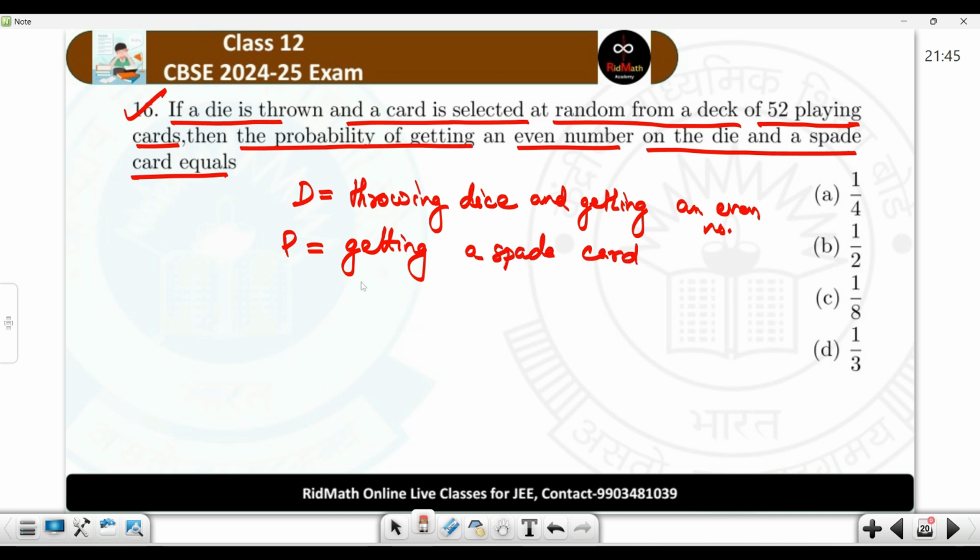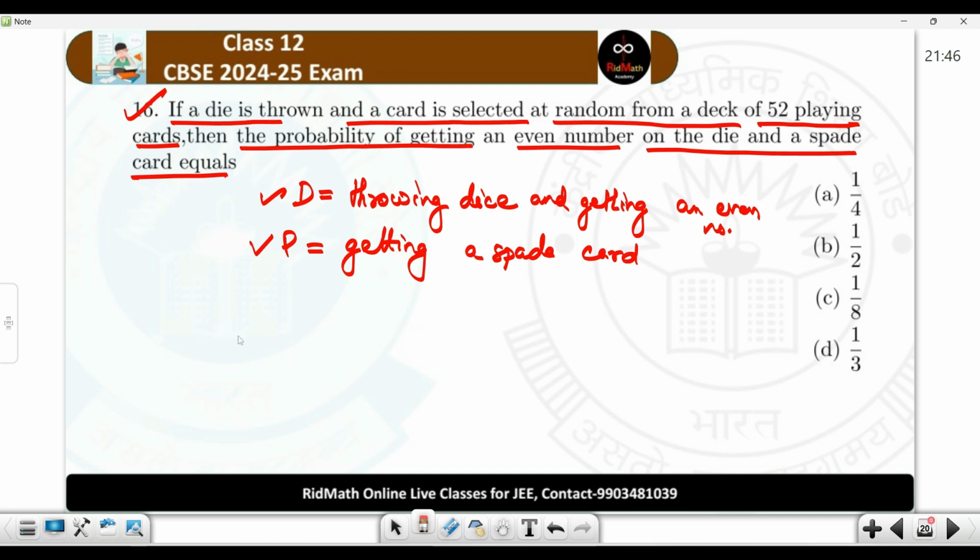So there are 13 spade cards in 52 playing cards. So these two events are mutually independent. That means there is no relation between what we are getting in the die and what we are getting as the card in the well shuffled 52 playing cards.